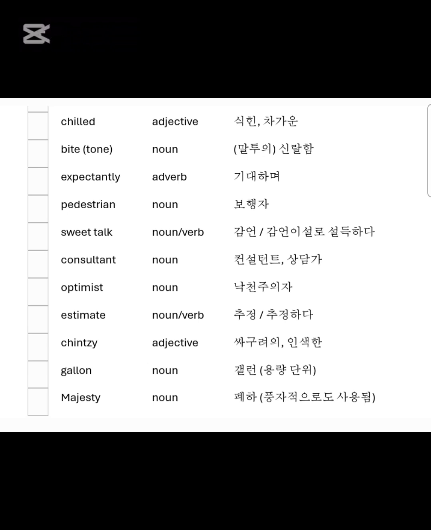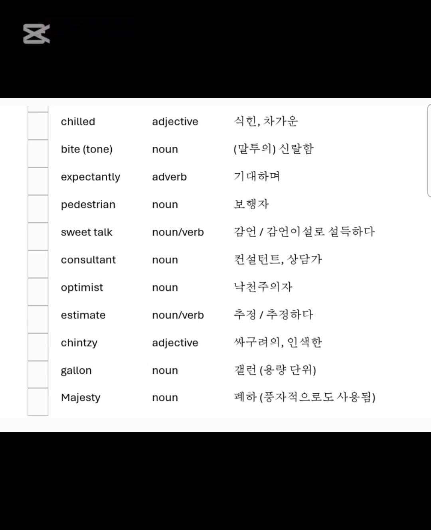Bite, noun. Expectantly, adjective. Pedestrian, noun. Sweet talk, noun or a verb. Hey, sweet talk. How you doing, girl? Consultant, noun.